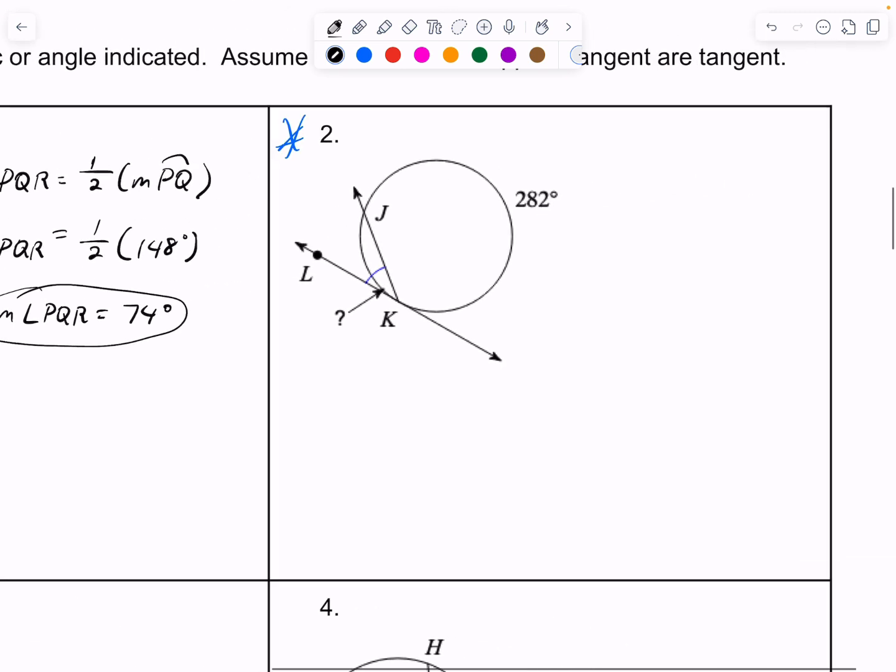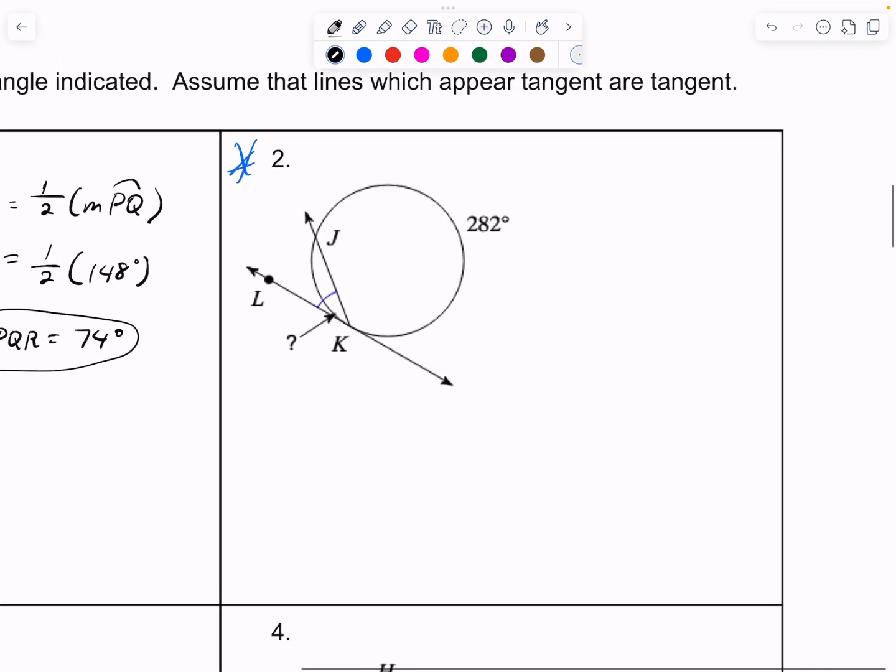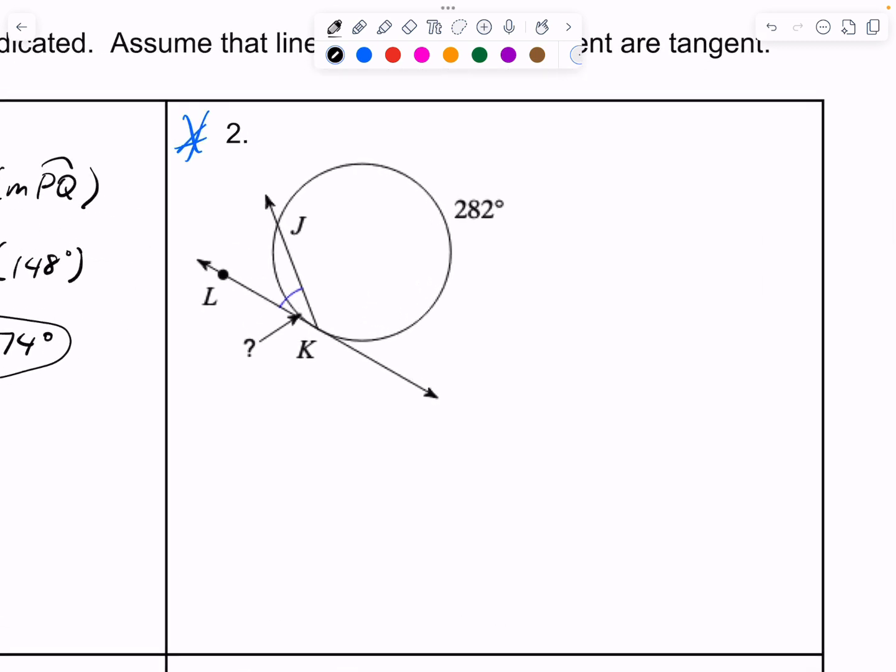Okay, let's try number two. Again, we're going to use that same box from the previous page, but we're going to have one extra step here, because what I'm going to first do is find this angle, since they're giving me this arc here of JK.